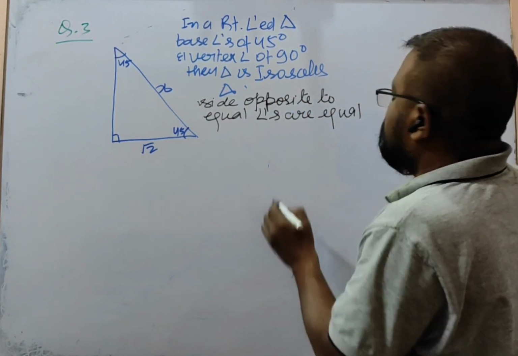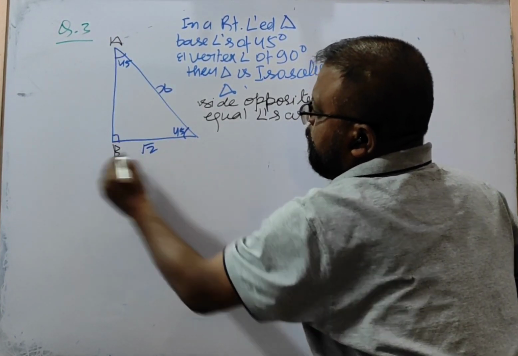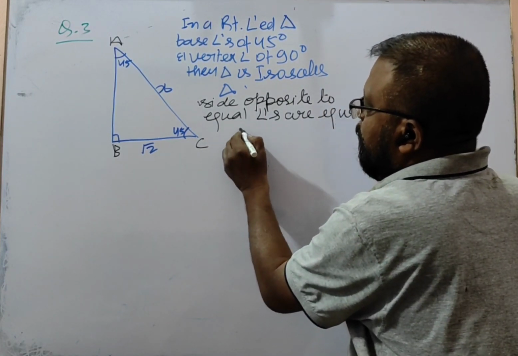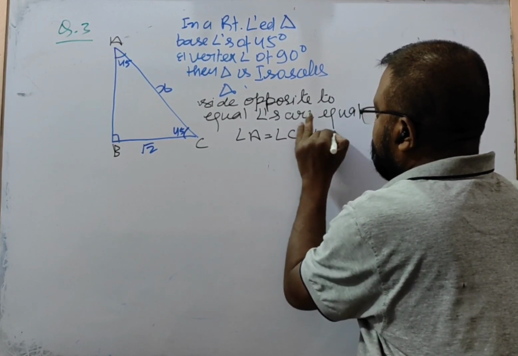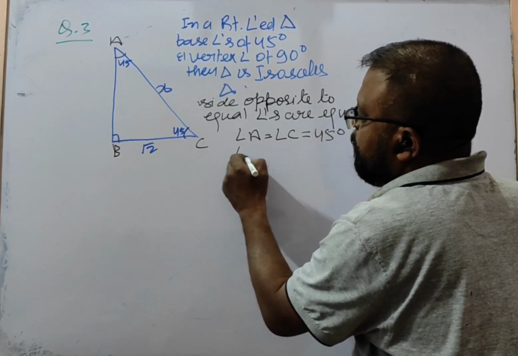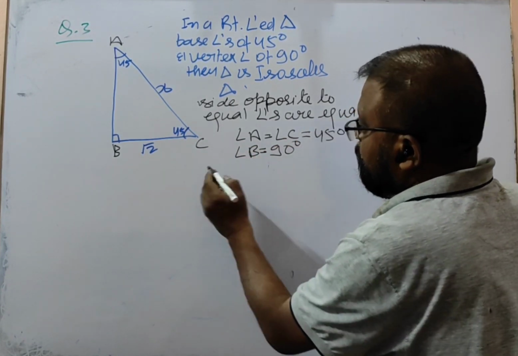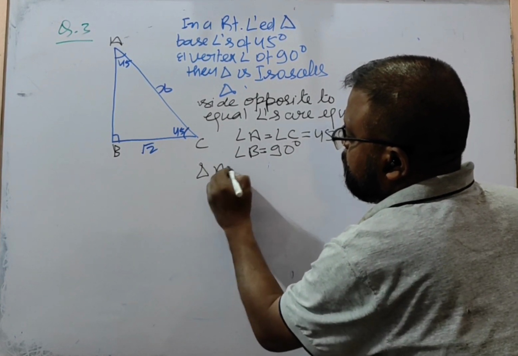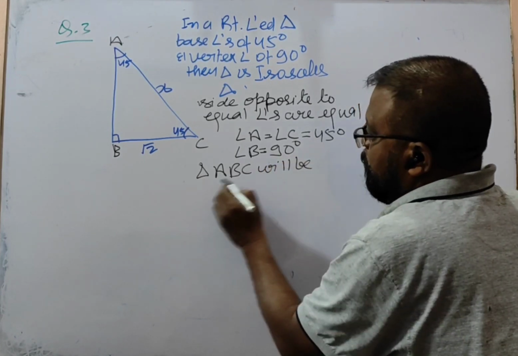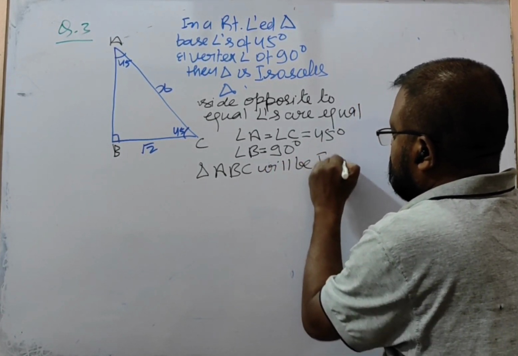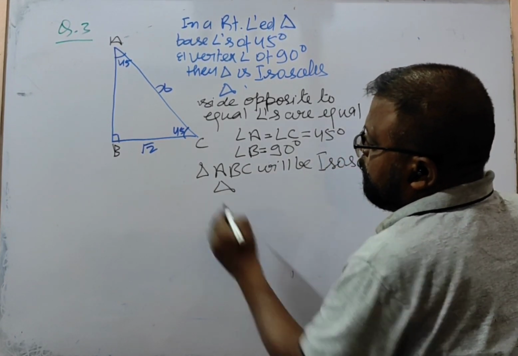Right? So if I say this is A, this is B, this is C, and angle A is equal to angle C is of 45 degree, and angle B is of 90 degree, so triangle ABC will be isosceles triangle, right?